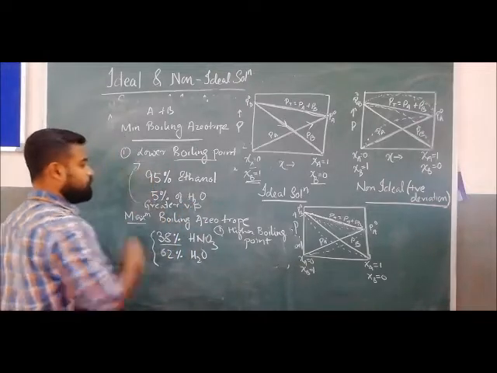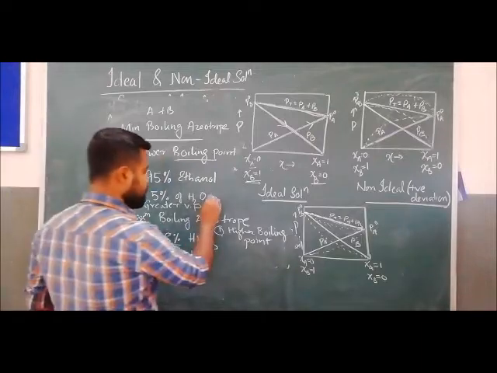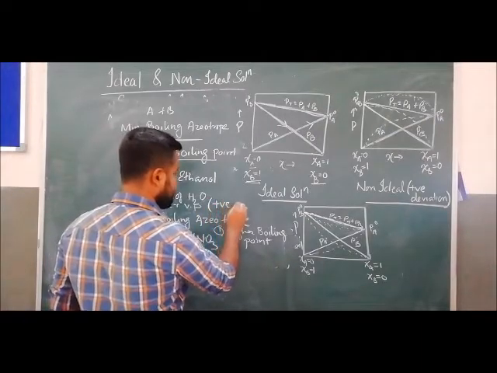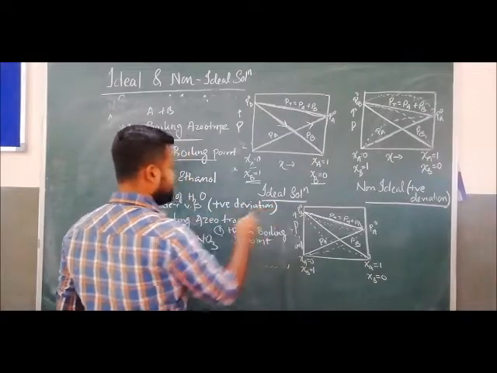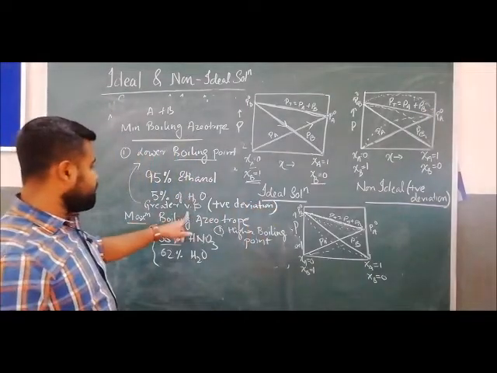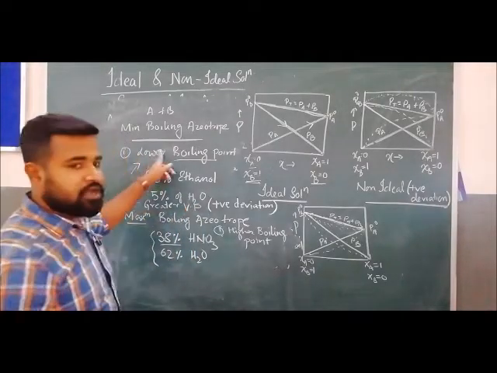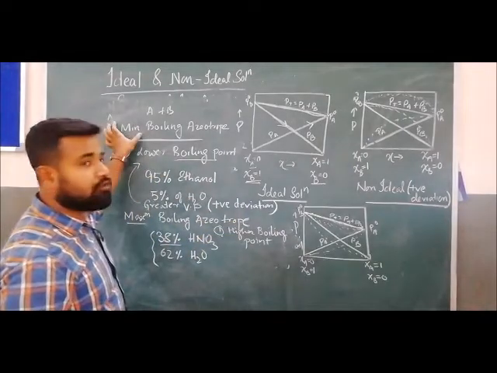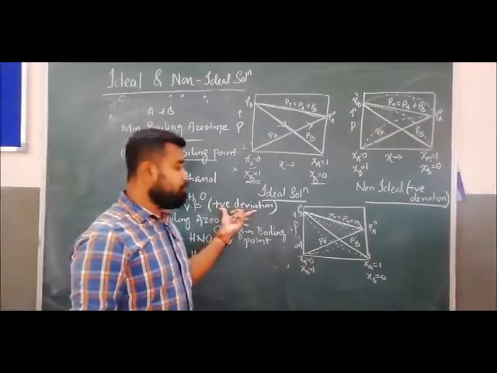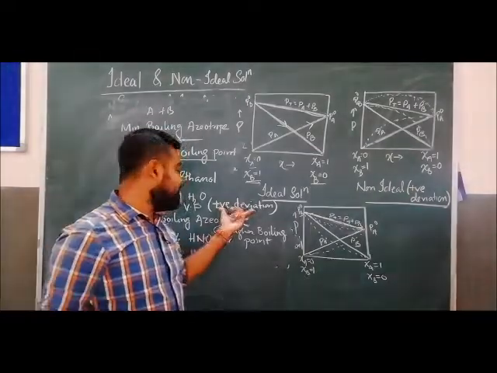Greater the vapor pressure, lower the boiling point, hence positive deviation. So in case of minimum boiling azeotrope, there is maximum positive deviation.